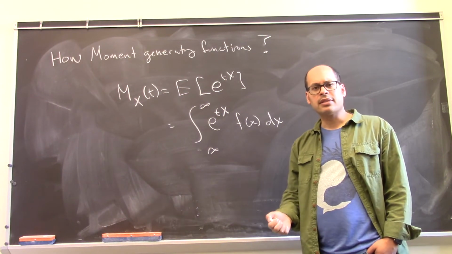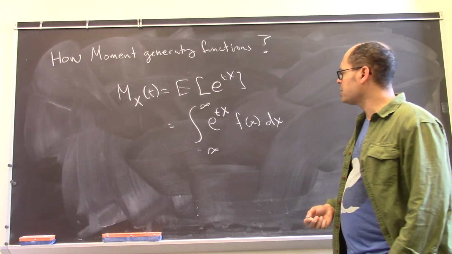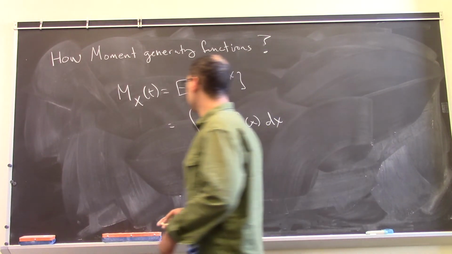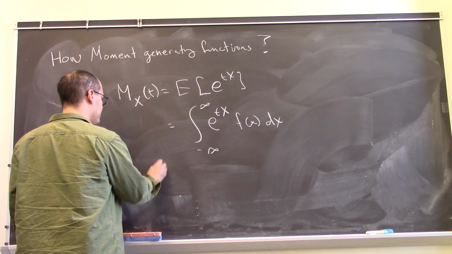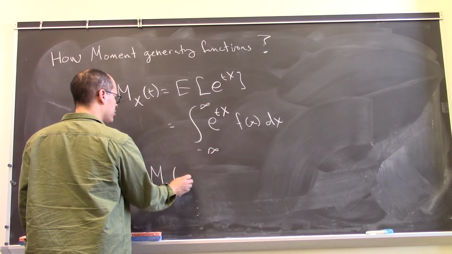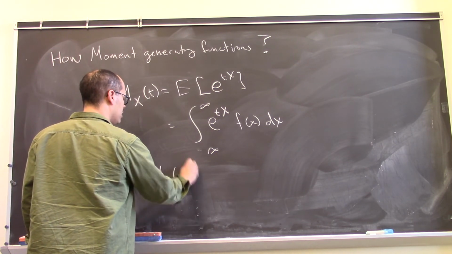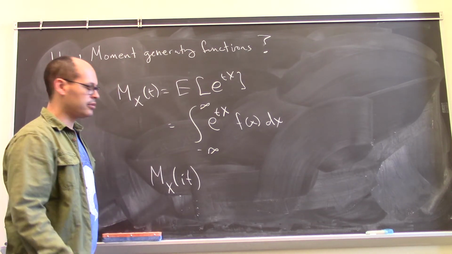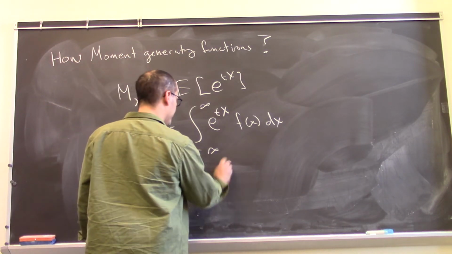The way to see that this contains the original information is to make a substitution and consider the moment generating function of i times t, the imaginary number i.